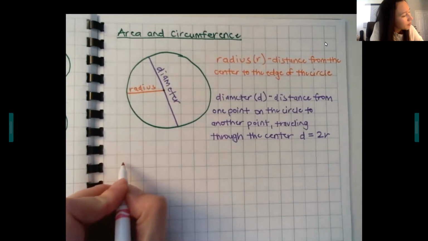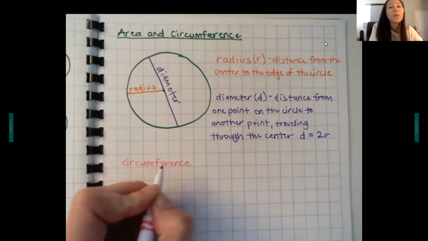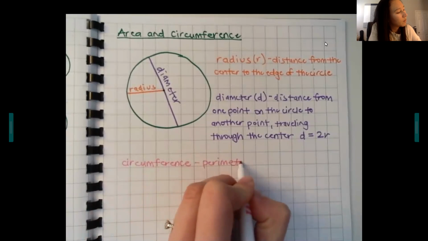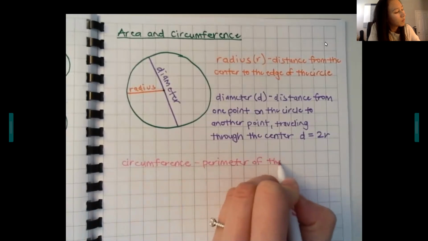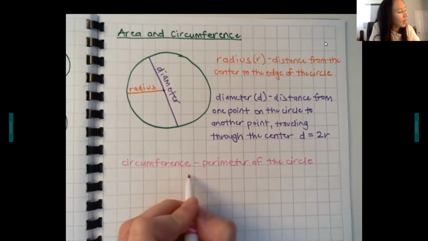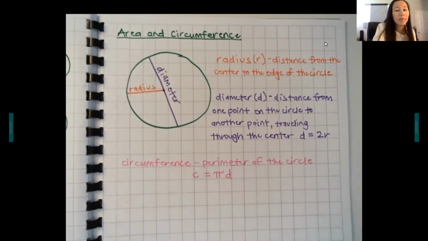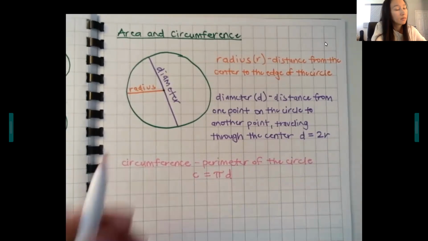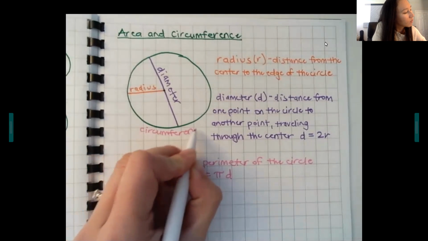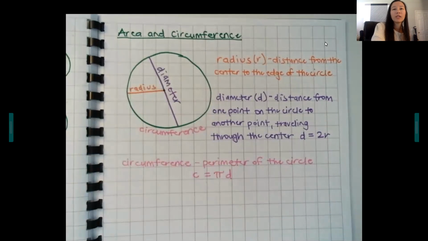And then we have the circumference, which is the perimeter of the circle. And we calculate the circumference by multiplying pi times the diameter. So just the distance around the outside of the circle, that's your circumference.